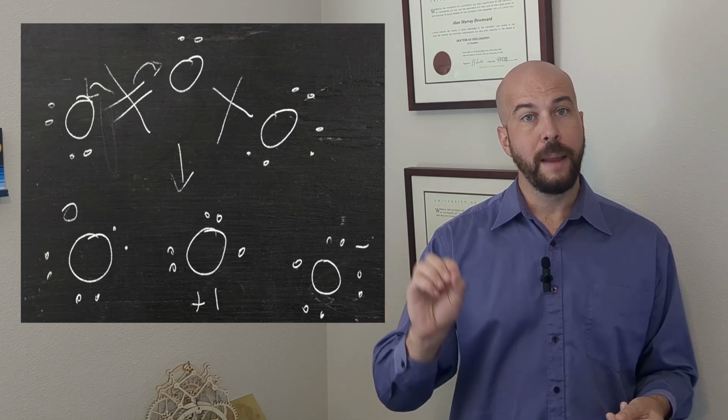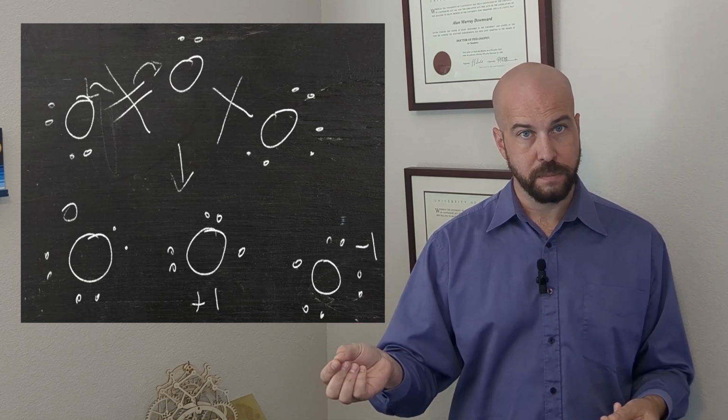So it will get a -1 charge. If we add all of these numbers up, 0 plus 1 minus 1, we get an answer of 0, which is good because ozone does not have an overall charge. The formal charges should sum to the charge of the molecule, in this case, 0.